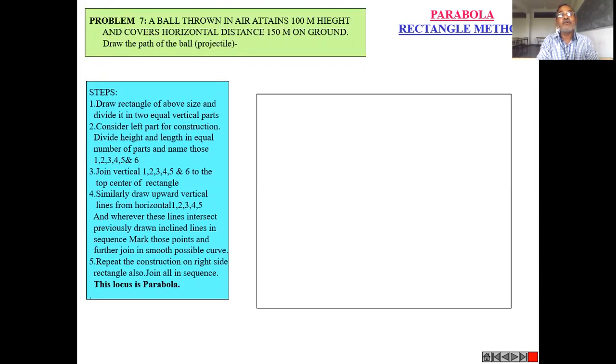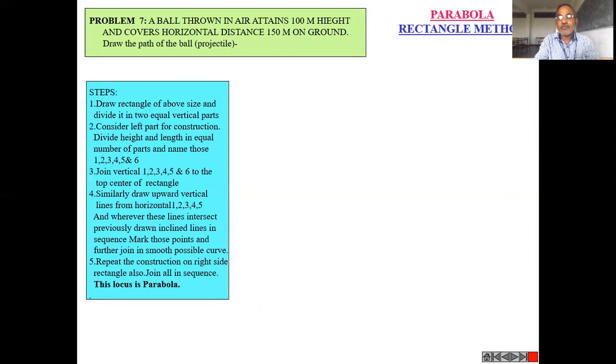Because the name itself suggests the rectangle method, the rectangle is drawn here. I'll just put some marks. You can note them down if you want. Whenever this type of problem is given, the horizontal distance covered by that projectile is always to be taken as the base of the parabola.